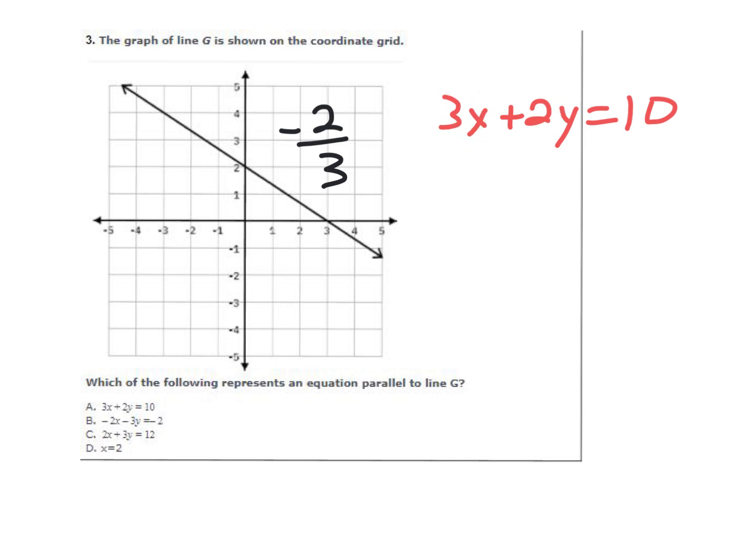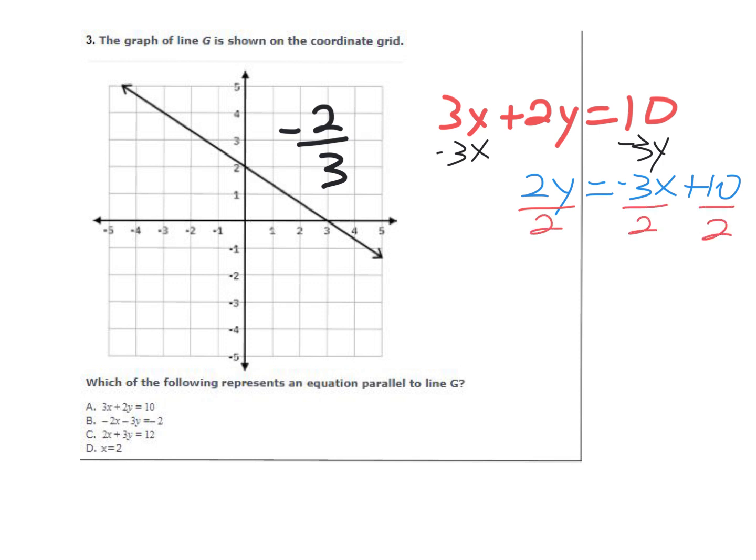I would subtract 3x from both sides. Then I would end up with 2y equals negative 3x plus 10. Then I would simply divide by 2 in order to get what y equals. On this one, y equals negative 3/2 x plus 5.